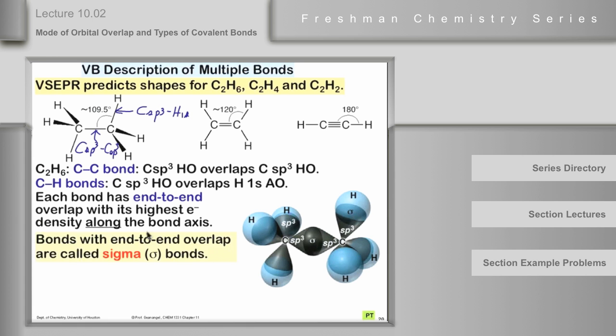Now, when the end-to-end overlap occurs, forming a single bond, we call that a sigma bond, Greek sigma. And that's the reason there's a sigma right there and a sigma up here. A sigma bond is head-to-head or end-to-end overlap, straight-on overlap. That's what it means. And sigma bonds are always single bonds.